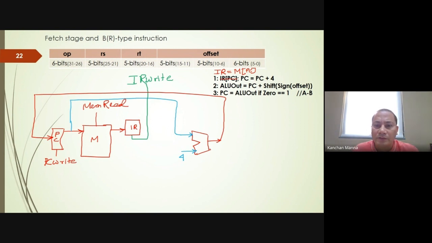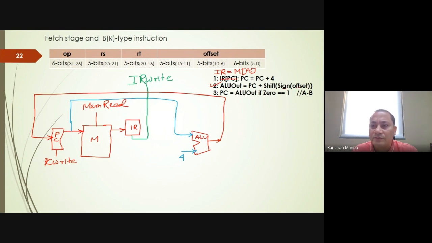Now this is our ALU. Now we have to calculate the branch address in the next step. To calculate the branch address, we need the offset, and the offset is 16-bit.